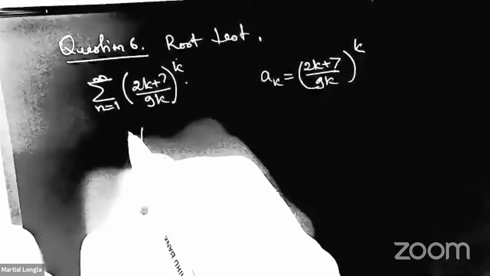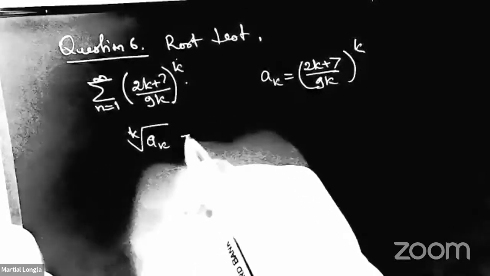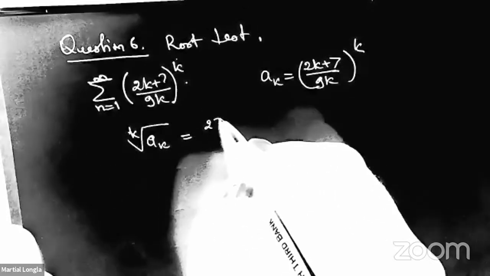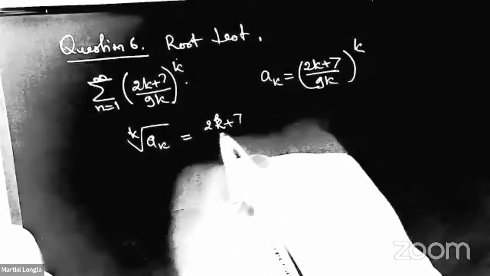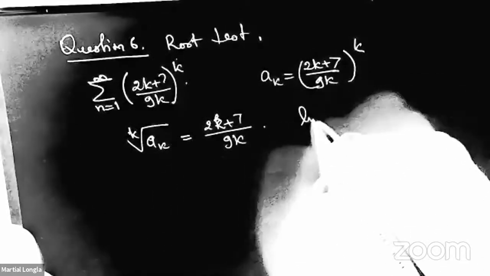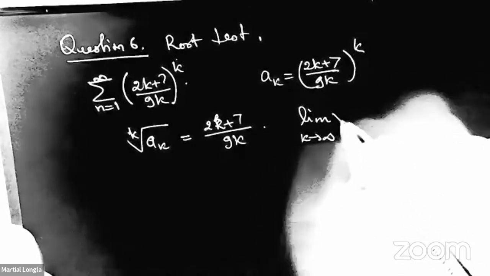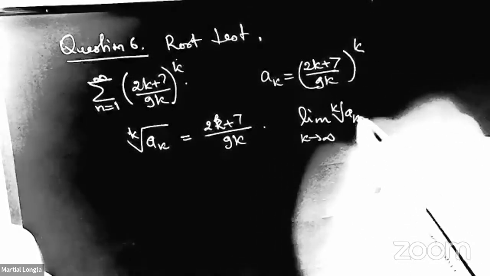So we find the kth root of ak is going to be 2k plus 7 over 9k. And we take the limit as k goes to infinity of the kth root of ak.